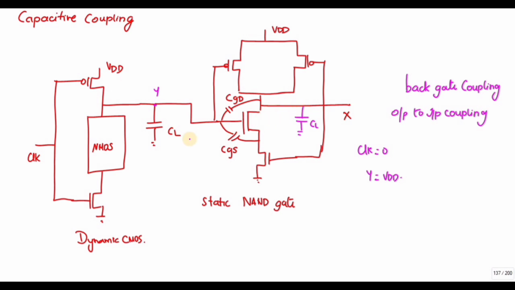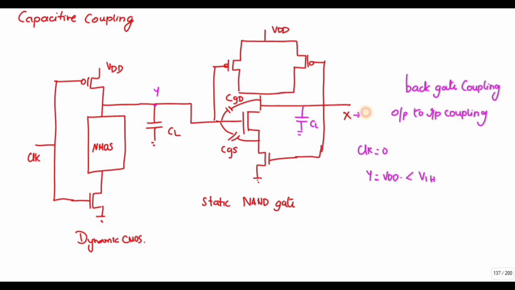So whenever this VDD value, that is y value, goes less than VIH, what will happen? This will go to 0. If it goes to 0, this PMOS is turned on. If this PMOS is turned on, the output goes to 1.